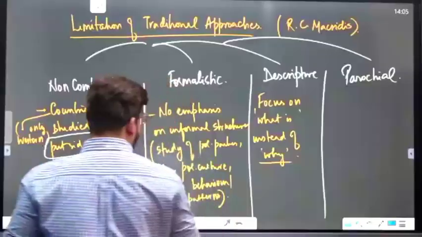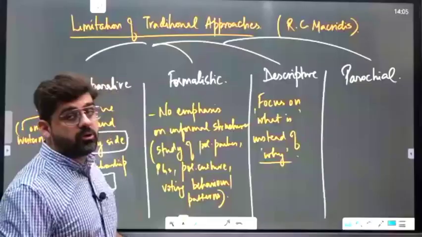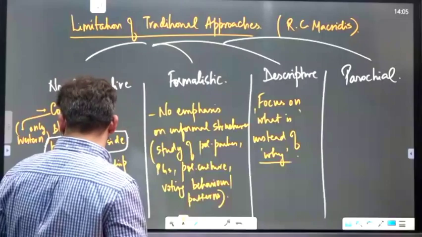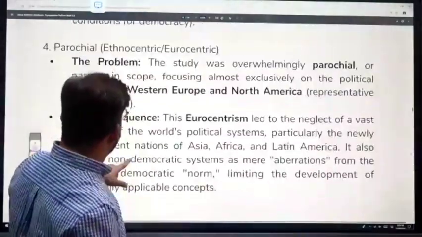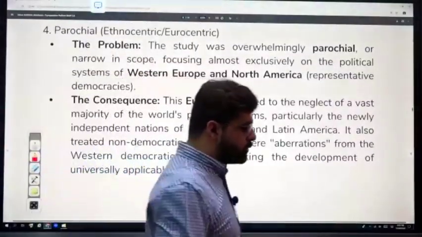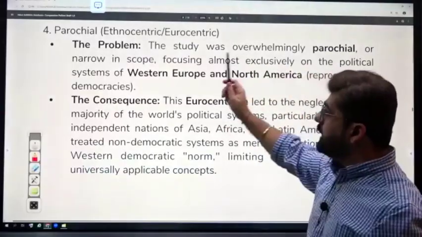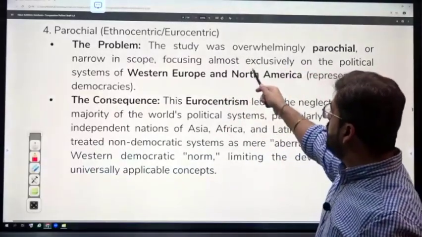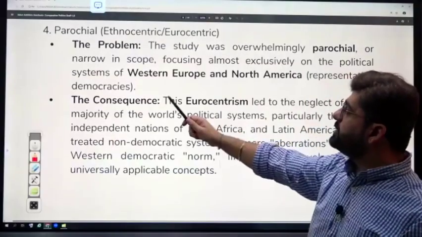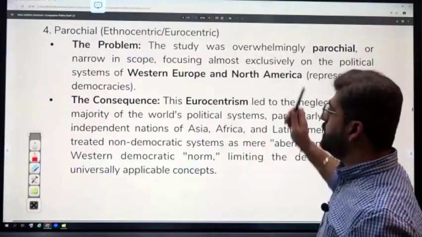And lastly, these approaches they have been called as parochial. He uses the word parochial. Parochial here means ethnocentric or Eurocentric. The study was overwhelmingly parochial or narrow in scope, which focused almost exclusively on the political systems of Western Europe and North America.